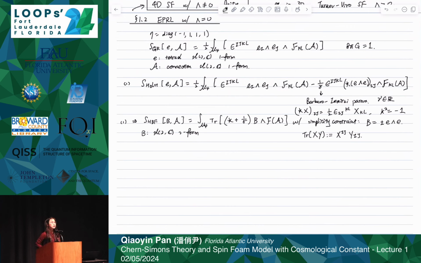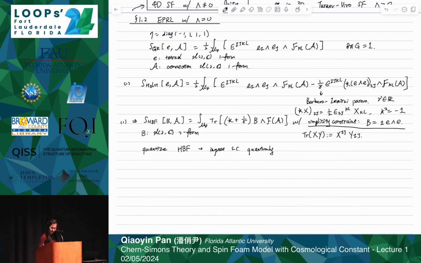In spin-form, because it's a topological theory, it's much easier to do the quantization. So we would like to first quantize this Holst BF theory and then impose the simplicity constraint quantumly.